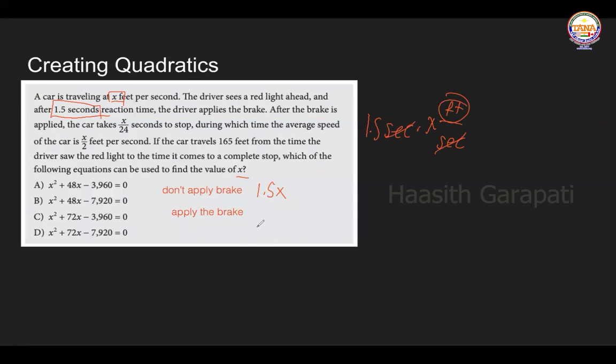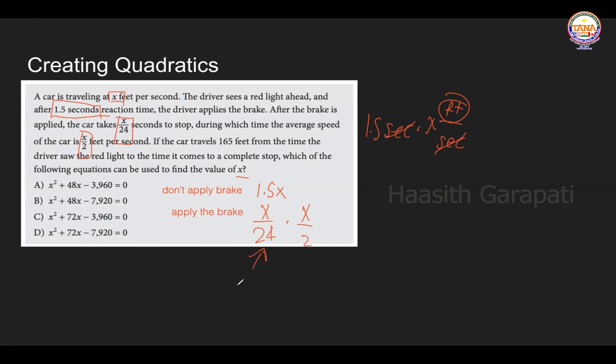Now, after they apply the brake, the car takes this amount of time to stop, and the average speed of the car is x over 2. And distance is simply time multiplied by speed, right? So it's going to be equal to x over 24 times x over 2.